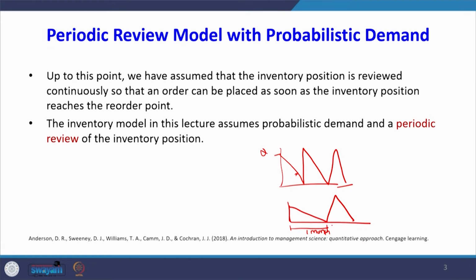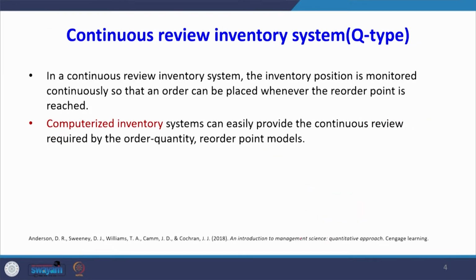So here the period is fixed. Then we have to see, if the period is fixed, what should be the ordering quantity. Previously the Q, the ordering quantity, was fixed and we ordered at different points of time, but here we are not going to do that. We are going to make the order at a fixed interval.